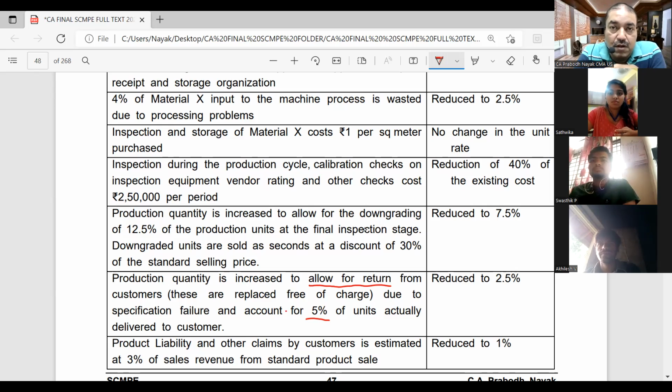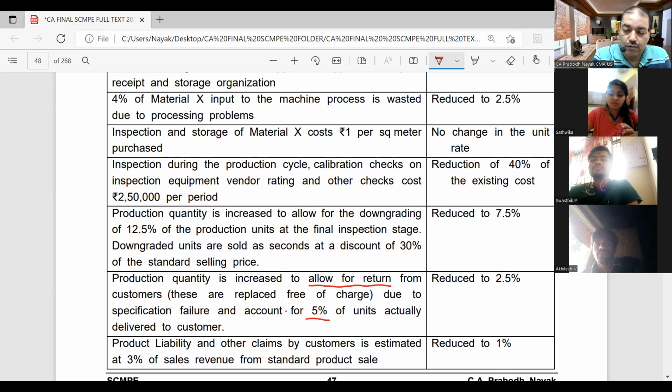Correct? After the implementation of the program, it has come down to 2.5%. So I will be producing 5,125 units, where 125 units will be sold, returned and replaced. That much is clear. Okay. Now, don't write, just pay attention. Next thing that they are saying is downgradation.